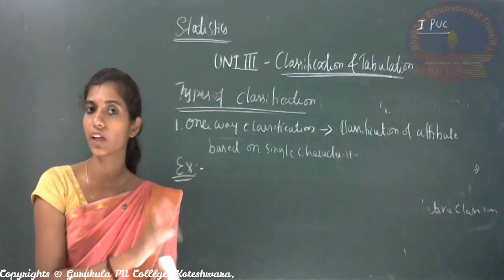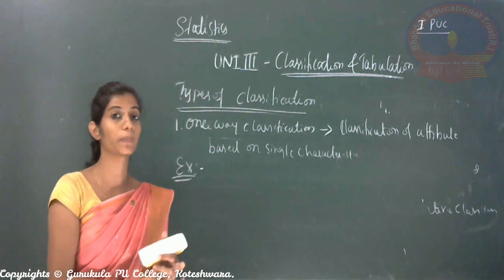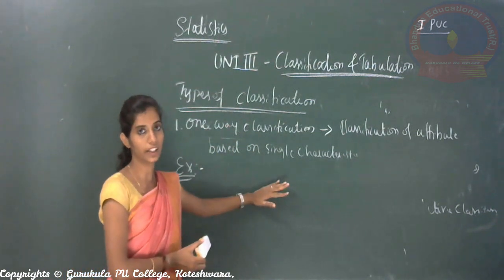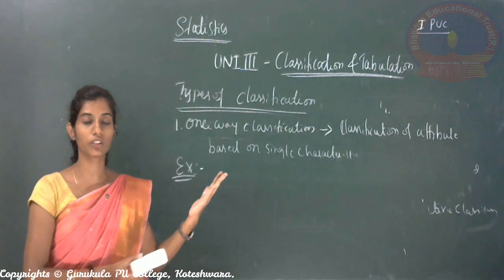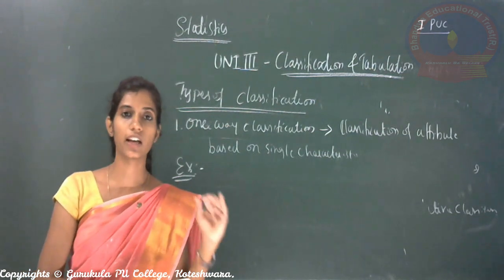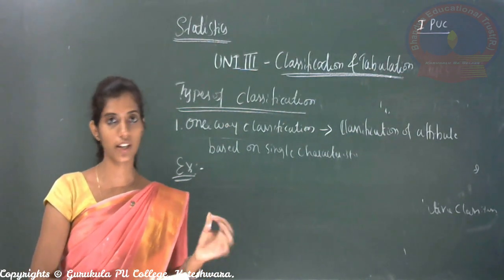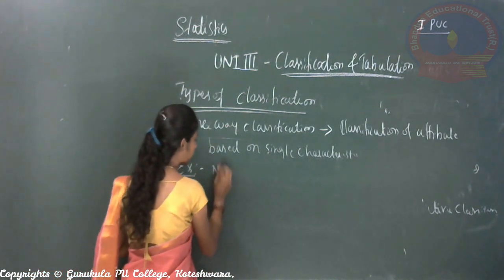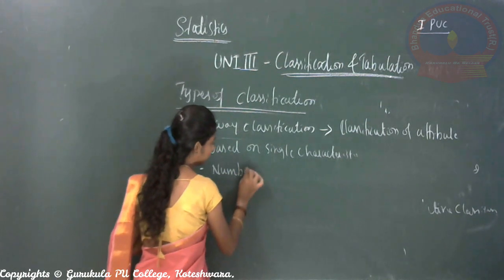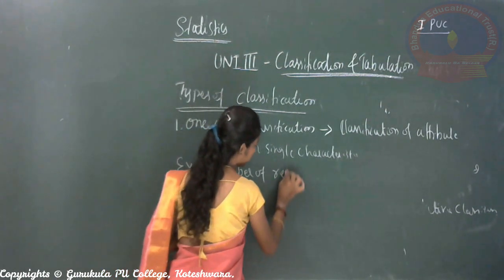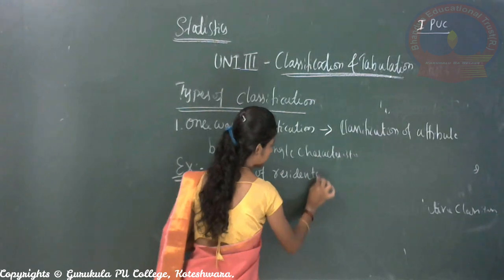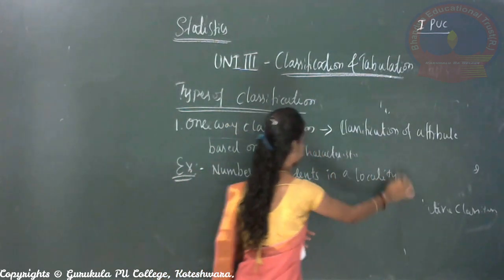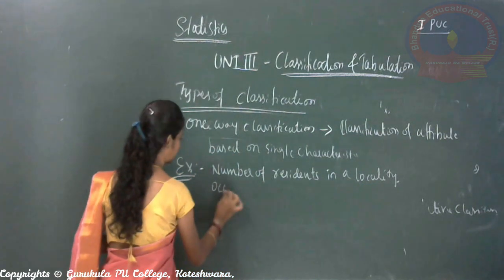Occupation is one particular characteristic, and it is qualitative, because we cannot measure it; we can only give information. So this is one example: occupation and number of residents in a locality.